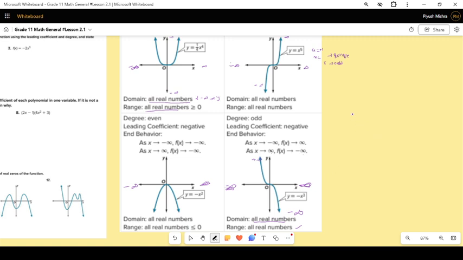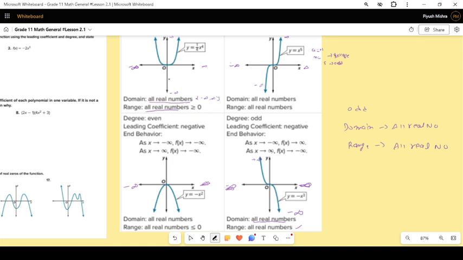Make sure that you have got two things: if it is odd, whatsoever the situation, domain will be all real numbers, and in the same way range will be all real numbers.